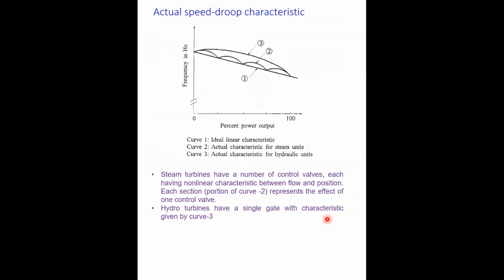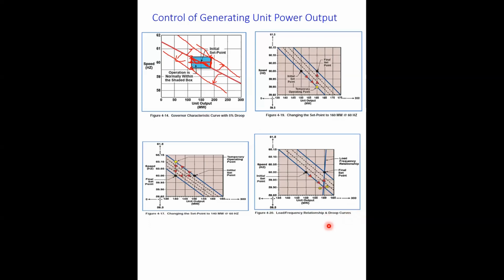So here, earlier, if you refer to the droop characteristic shown here for 5% droop, it is basically a straight line.